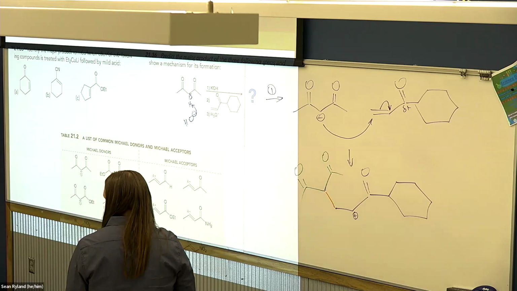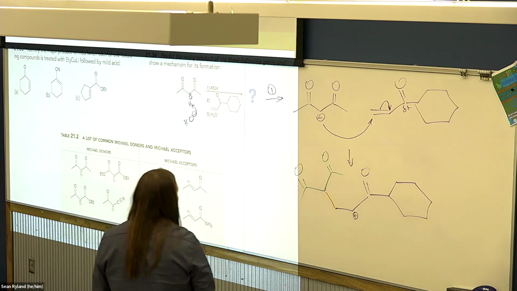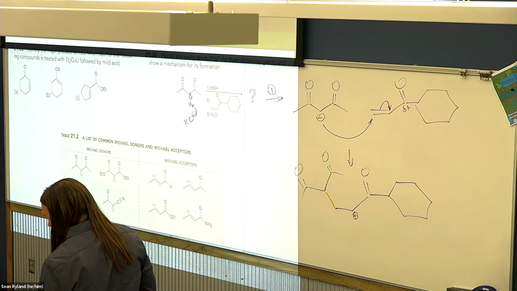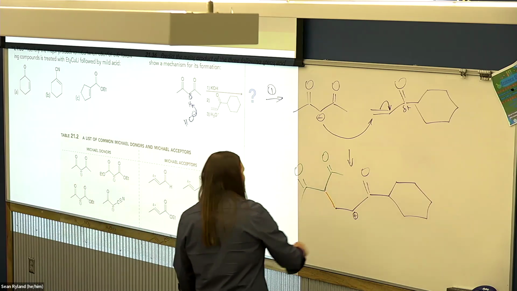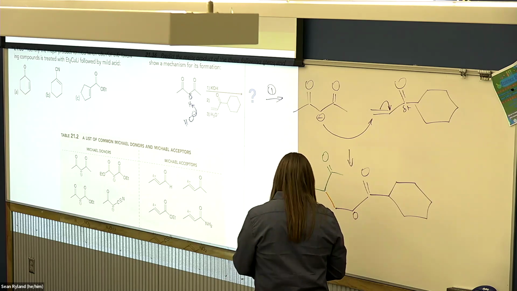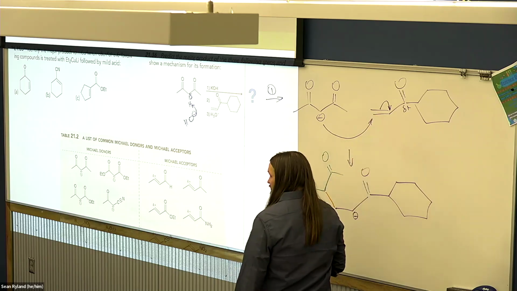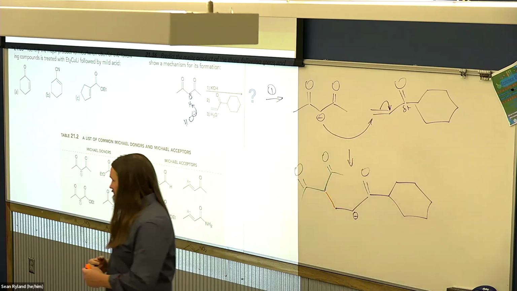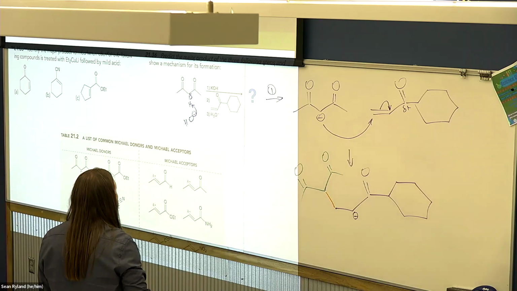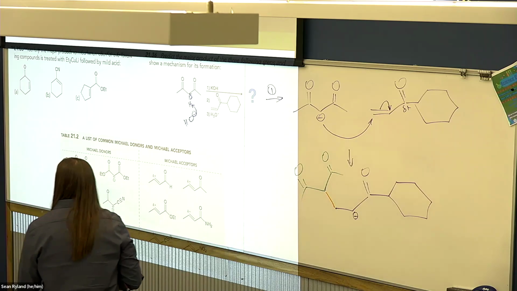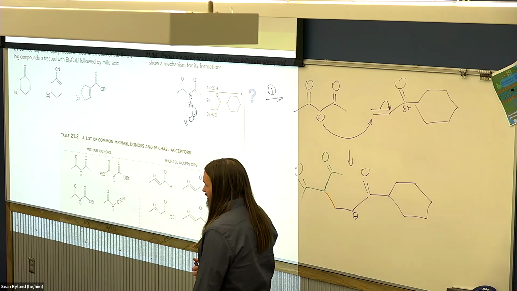What's the last step? Which is going to do what? Especially considering that's not actually positive, is it? That was electrons over, right? Because this is a nucleophilic addition reaction, we don't get a carbocation, we get a carbanion.